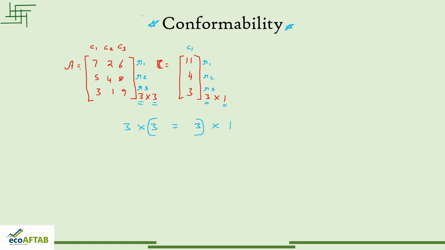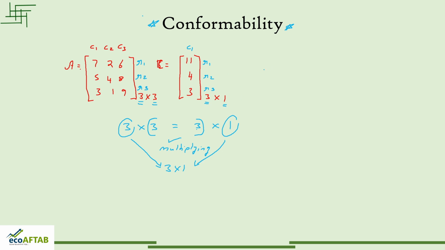So this 3 is equal to this 3. So yes, we can go on for multiplying the matrix, and the new matrix that we will be getting is of this particular dimension, 3 by 1 dimension.